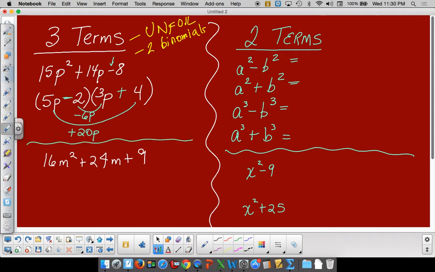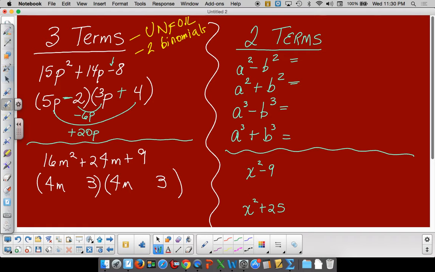Okay, this second problem has some rather large numbers, but once again, it's 3 terms and there's no common factor. But you should be noticing 16 is a perfect square, 9 is a perfect square. That's kind of suspicious. A lot of times when you see that happen, it's telling you that they want me to use 4m and 4m, and 9 would be 3 and 3.